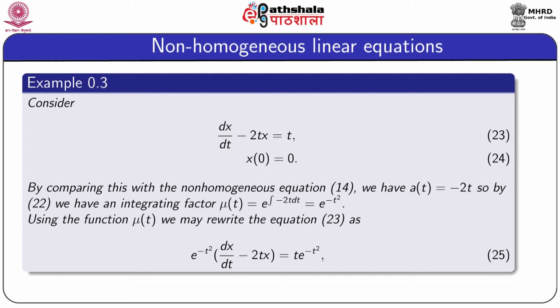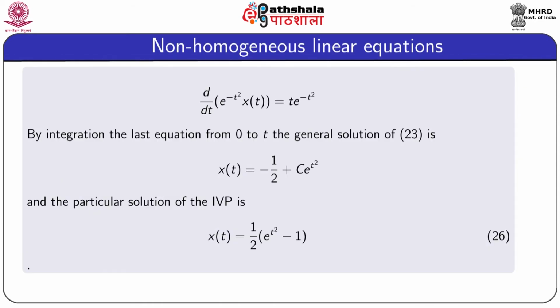and if you do that, you will get equation 25, which is e to the power minus t square multiplied by (dx/dt minus 2 t x) equal to t into e to the power minus t square. The left hand side can be put in the form d/dt of (e to the power minus t square x) equal to t e to the power minus t square.